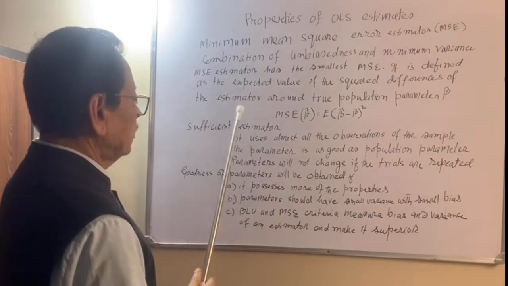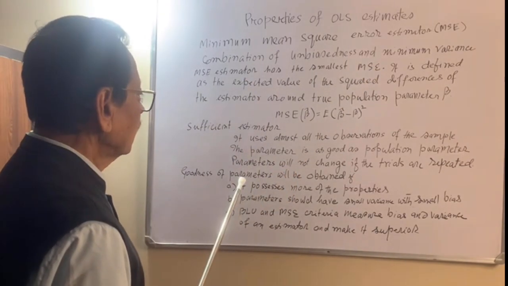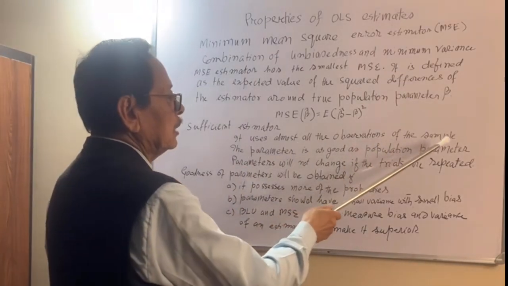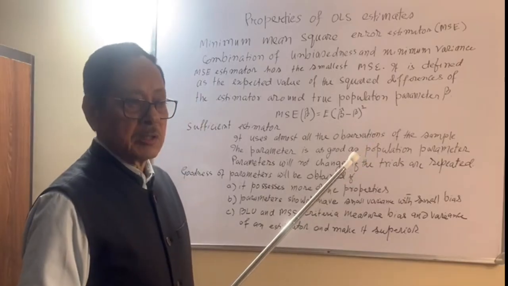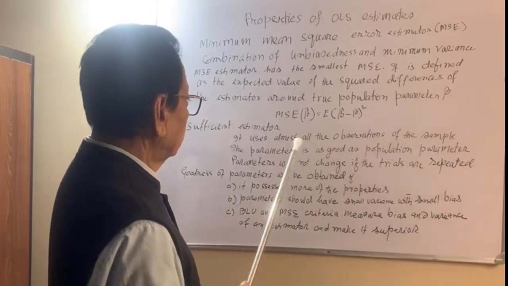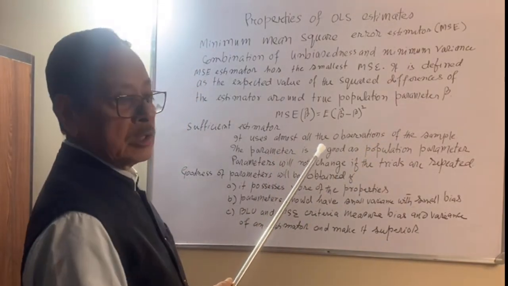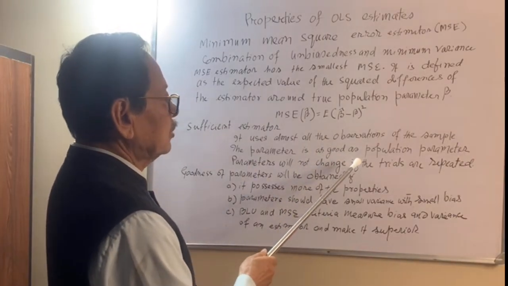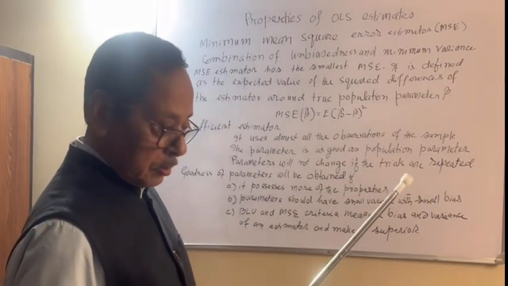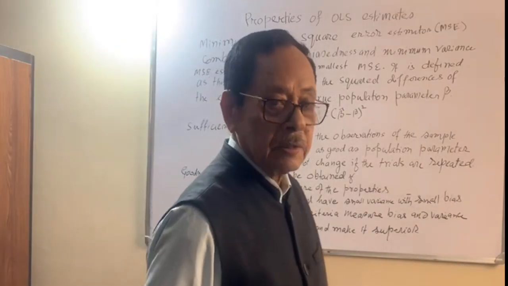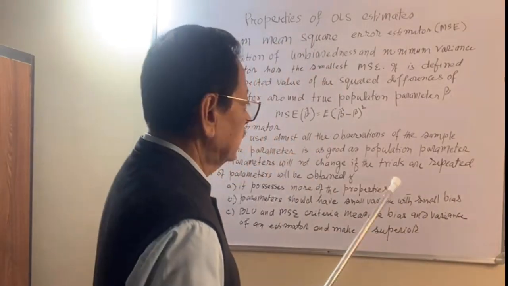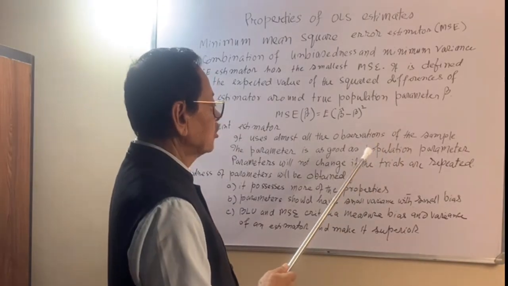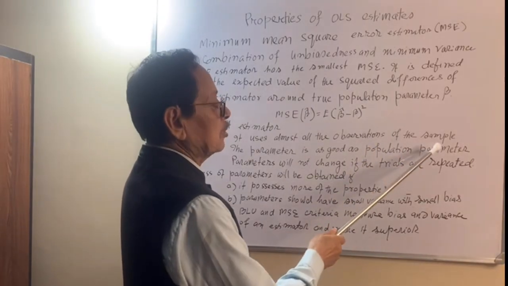Now, the sufficient estimator. It uses almost all the observations of the sample. Whatever sample we select, it uses all the observations, and the parameter is as good as the population parameter, almost similar to it.